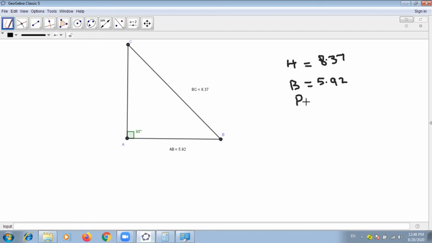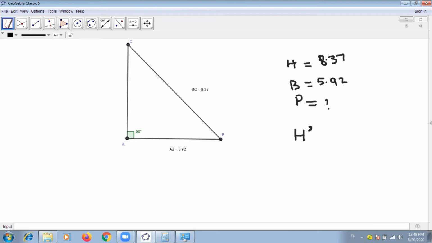It's up to you which side you call base and perpendicular. So I decided AC is the perpendicular.